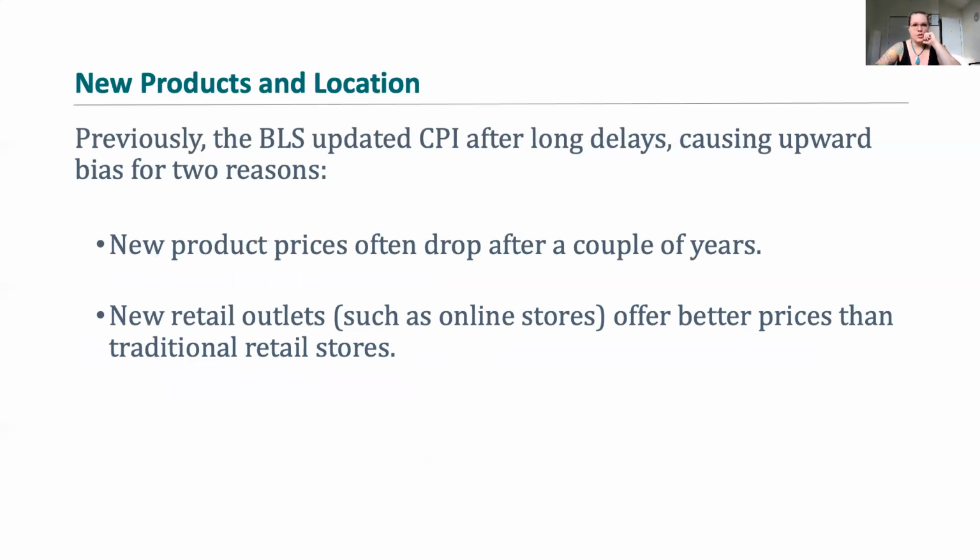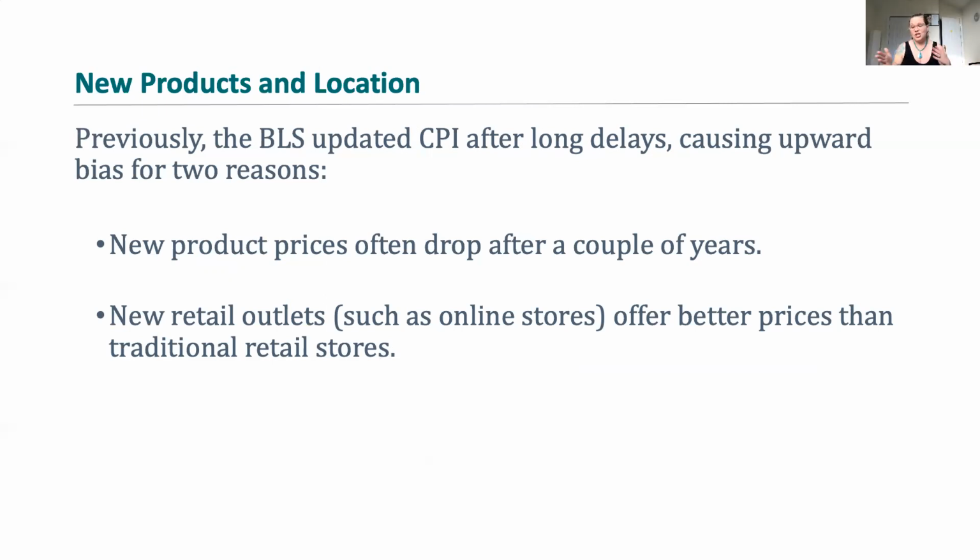There's also concern about new products and the location of these transactions. For new products, usually prices will drop after a couple years when they're no longer so new. And also the establishment of new retail outlets, especially online retailers like Amazon, which are able, because of economies of scale, to offer better prices than traditional retail stores.